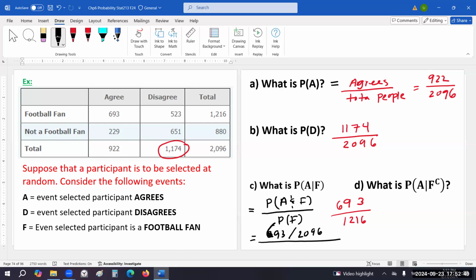Football divided by total. So we have 1216 divided by 2096. Now what happens? They cancel out. And that's how we can write this down as 693 divided by 1216.